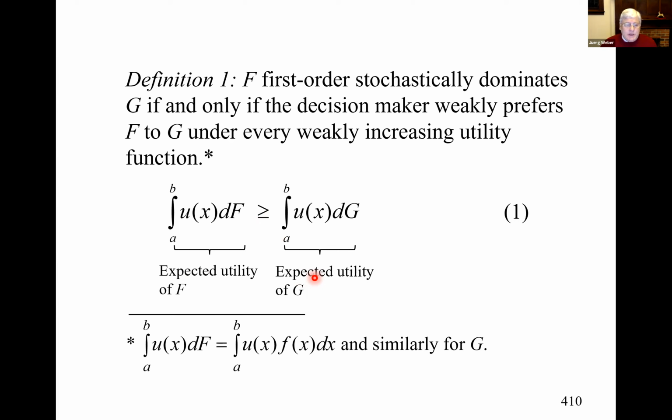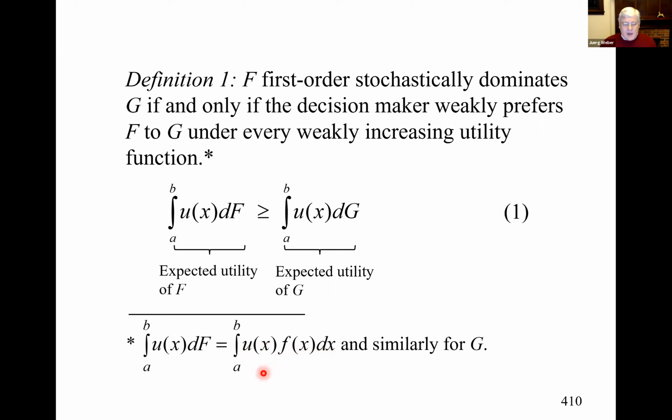Now, the expected utility I'm calculating here: you take each utility of x, you multiply it with its probability, and then you sum it up over the entire interval a to b. I do it here with continuous variables, so the integral just means a summation sign. You know how to calculate the mathematical expectation; it's usually written down like that.